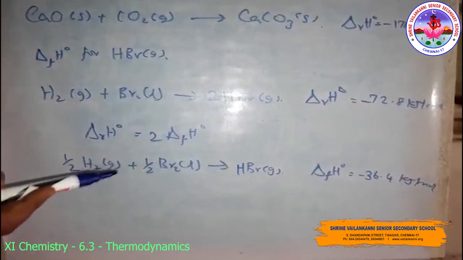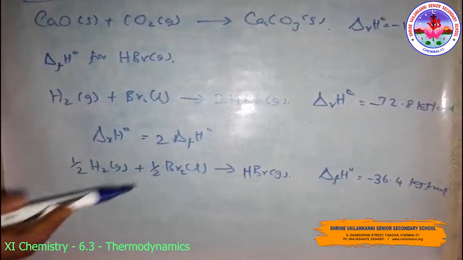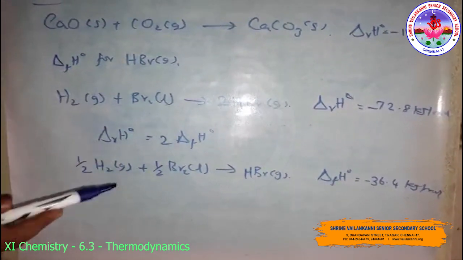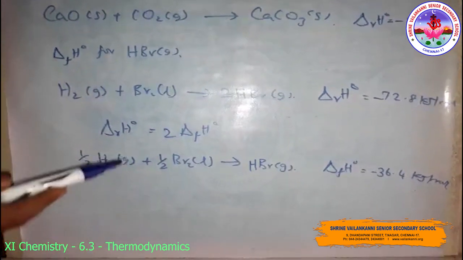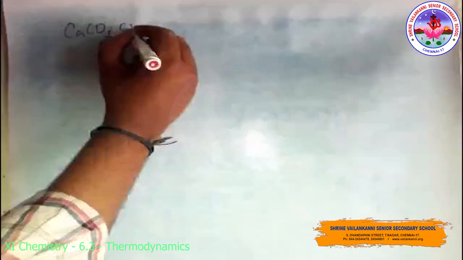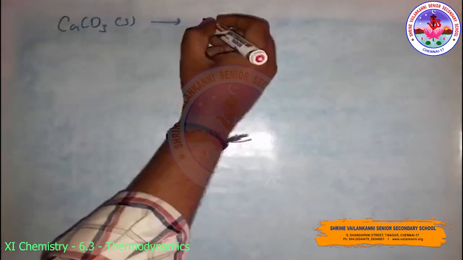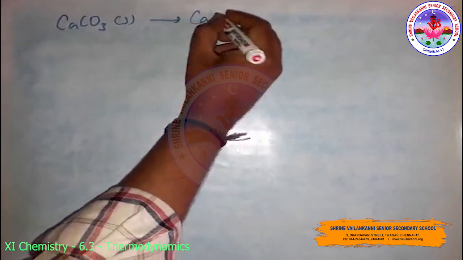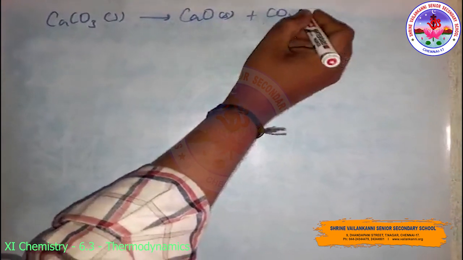Suppose you are a chemical engineer and want to know how much heat is required to decompose calcium carbonate to lime and carbon dioxide with all substances in their standard state. Look at this reaction: calcium carbonate solid gives calcium oxide solid and carbon dioxide gas.